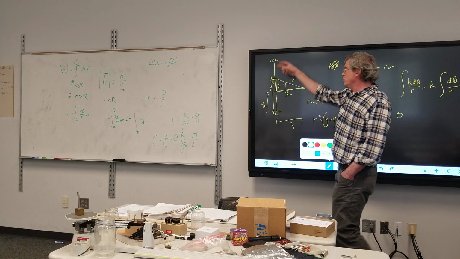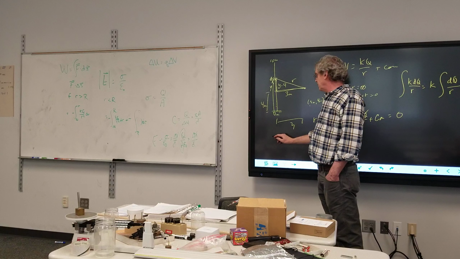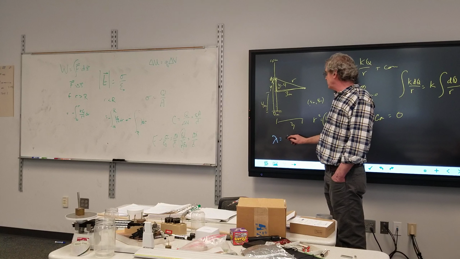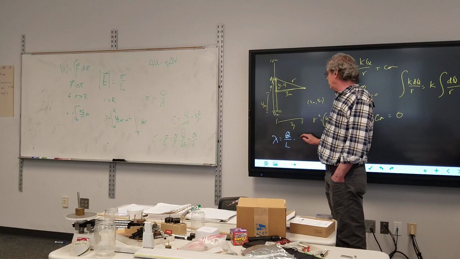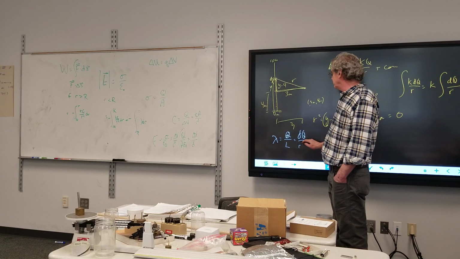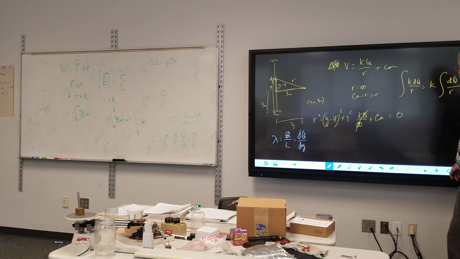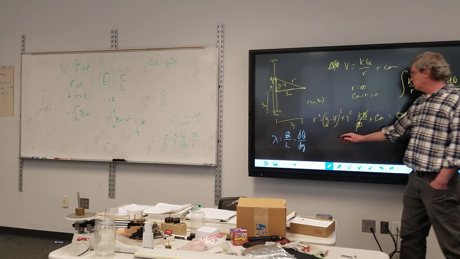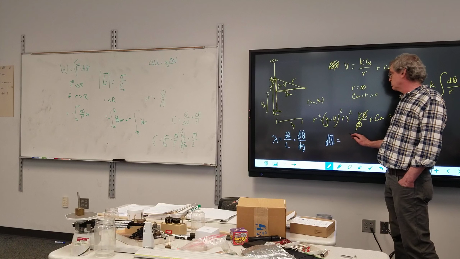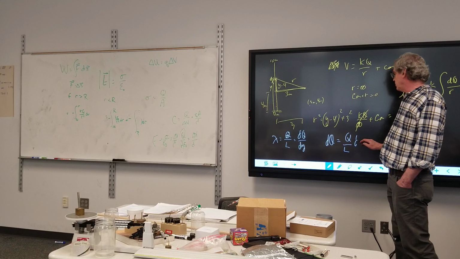Well, if this is a uniform charge distribution, then I know that my linear charge density is q over the total length, or dq over dy. So dq is equal to q over L dy.